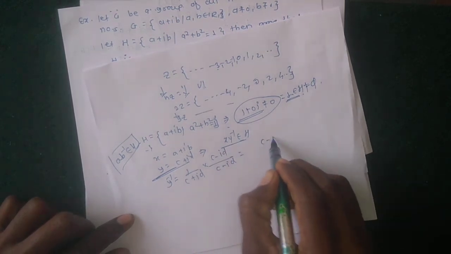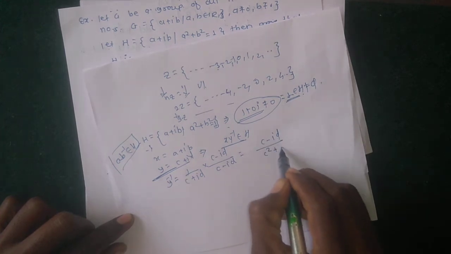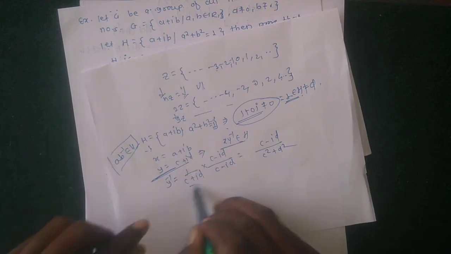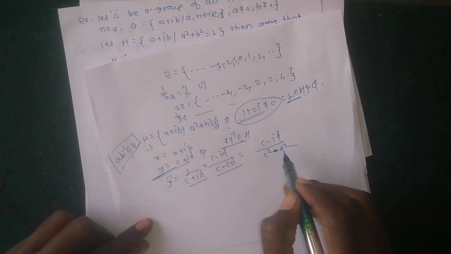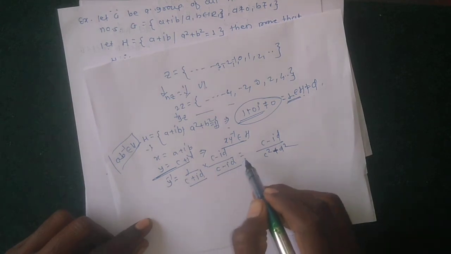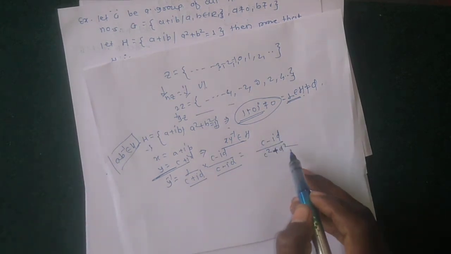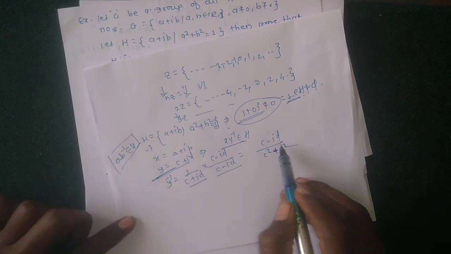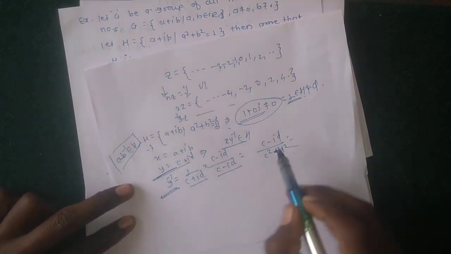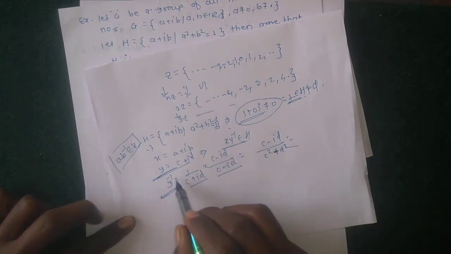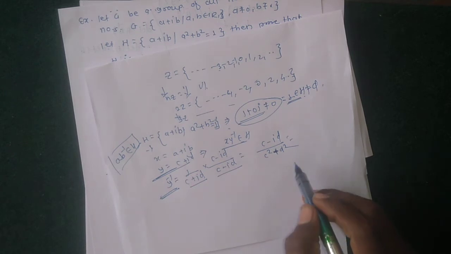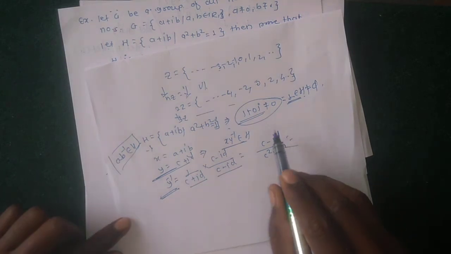We get c minus id divided by c square plus d square. This is the value of the inverse of y, that is, y inverse is c minus id divided by c square plus d square.